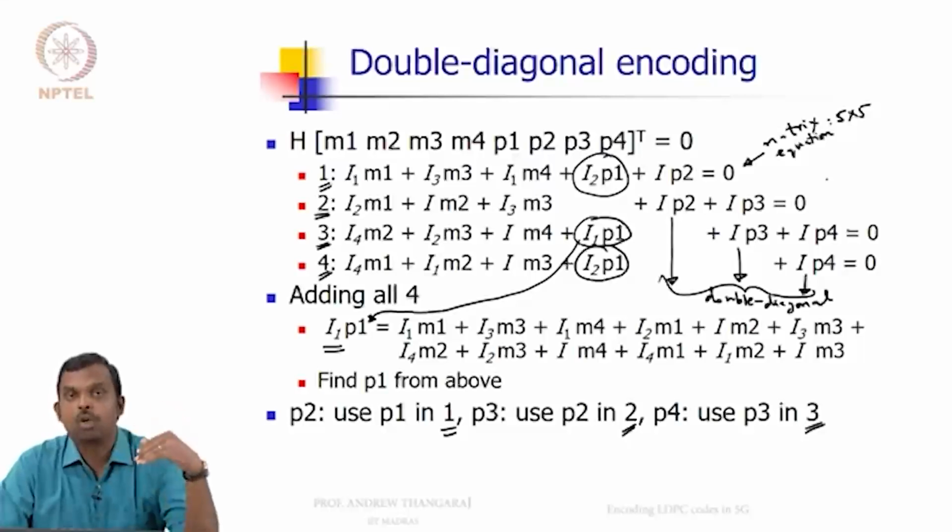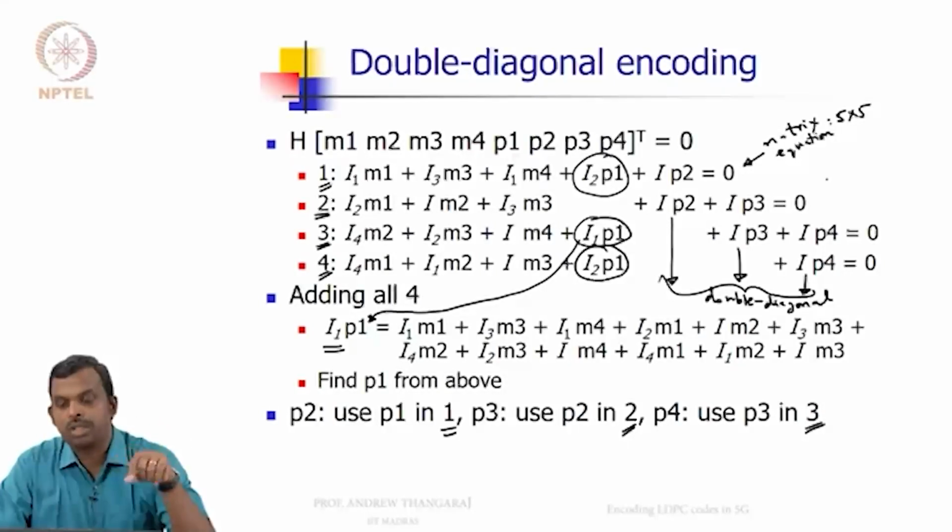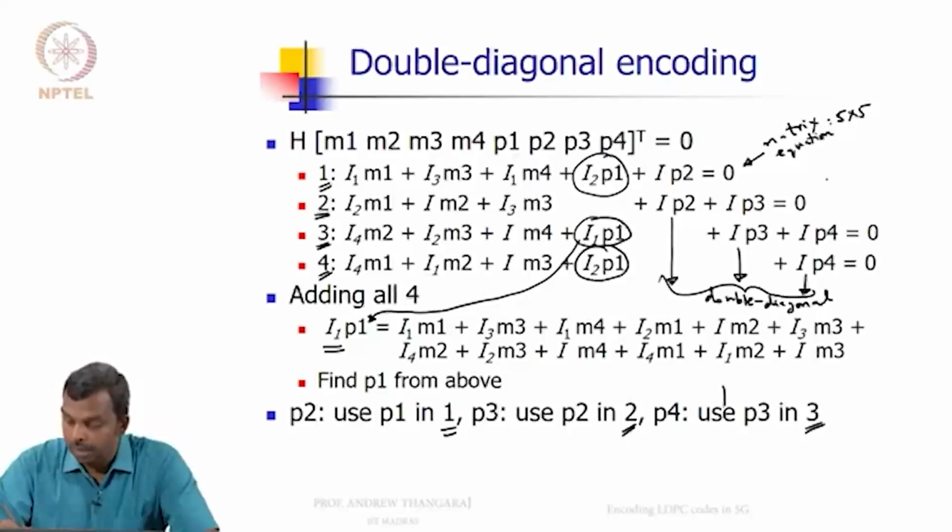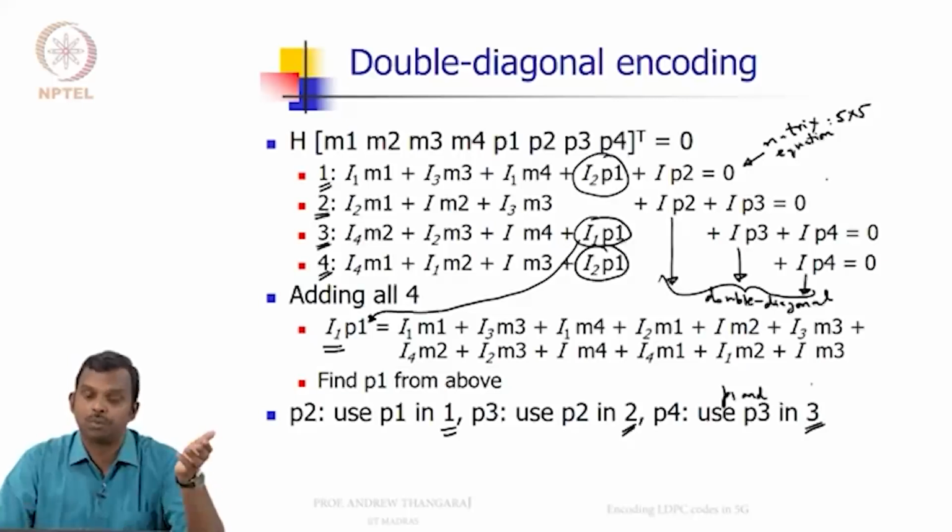You add the 4 block rows, you find P1, and then you use P1 in the first block row equation to get P2, and likewise you use P2 in the second block row equation to get P3. Then you use P1 and P3 in the third block row to get P4. That's the way this whole thing proceeds. Hopefully this is clear to you.